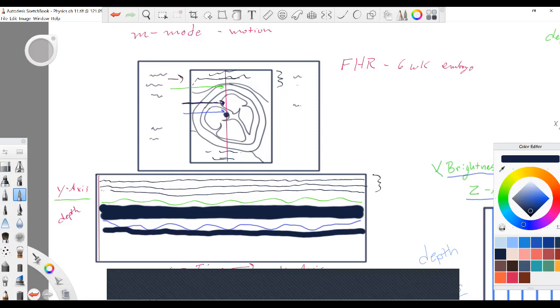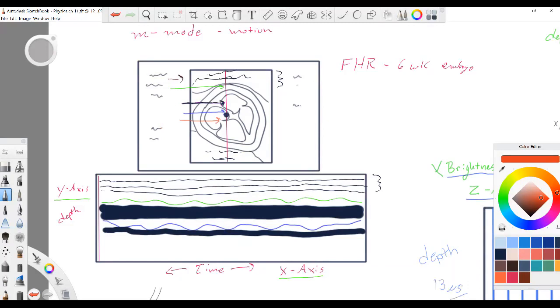Let's do another color, red. Then we get to the valve itself. The cool thing about valves is they come in and out of the picture. As you're scanning down, here's a valve.